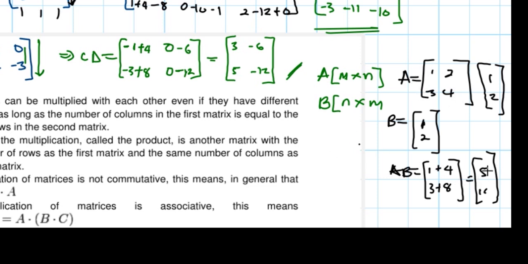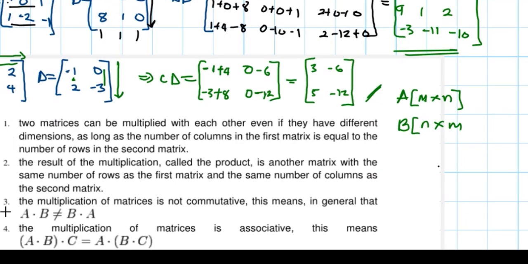So the result also has two rows, 1 2, right? And it also says the same number of columns as the second matrix. The second matrix has only one column, but two rows. The result has two rows and one column, and the second matrix also has only one column.